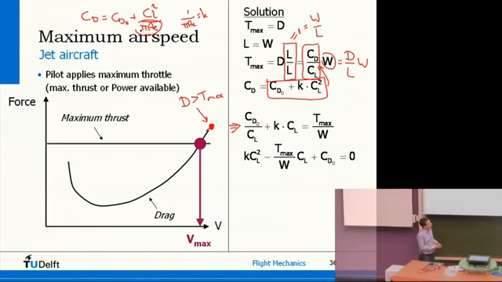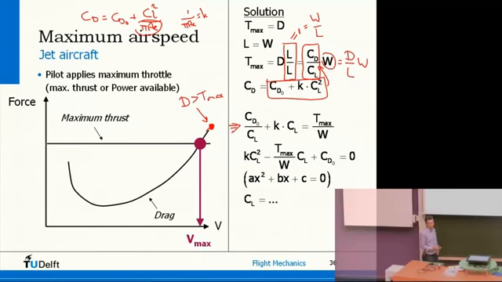If I take maximum thrust over weight to the left-hand side, I get this. And from this you should see that now I have one equation with one unknown, which is lift coefficient. Since maximum thrust is given for an aircraft, the weight is given, factor k and CD0, they're all constants. So this is basically ax squared plus bx plus c is equal to 0.